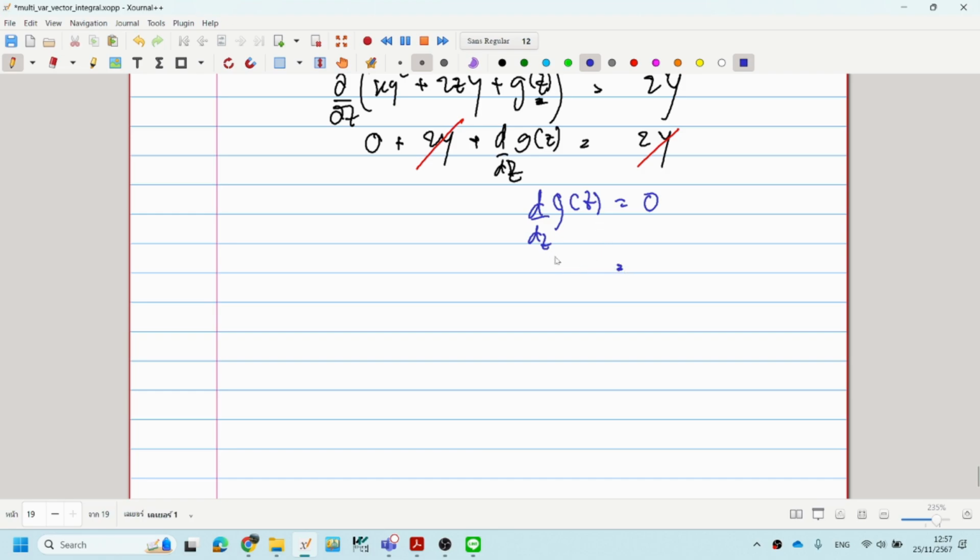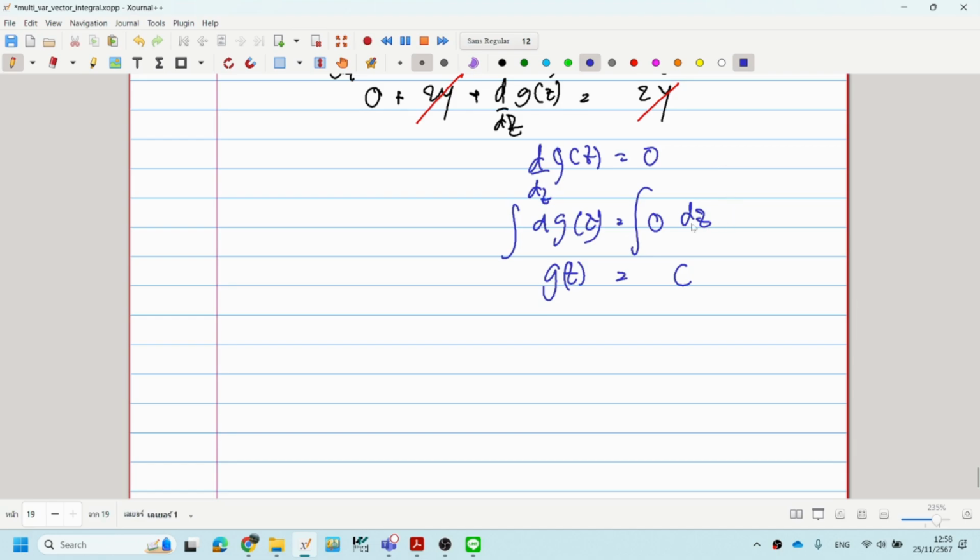Integrate, right? Okay, g equals c, equation 7.